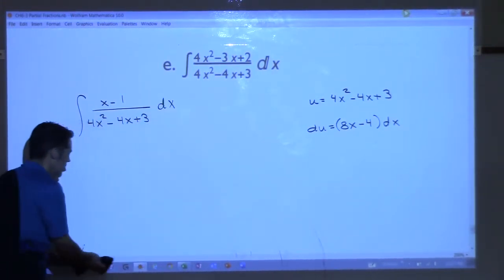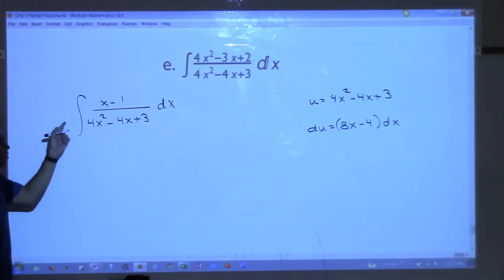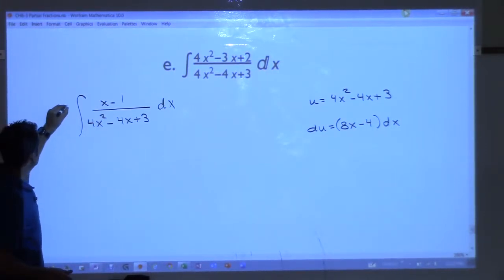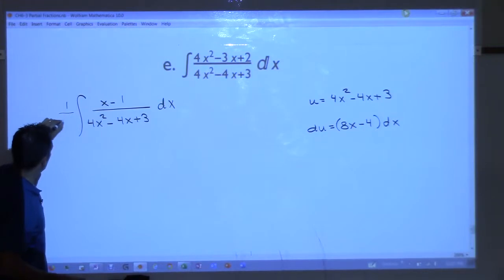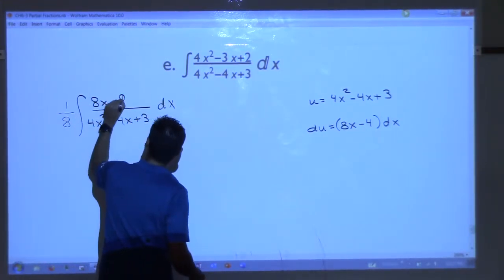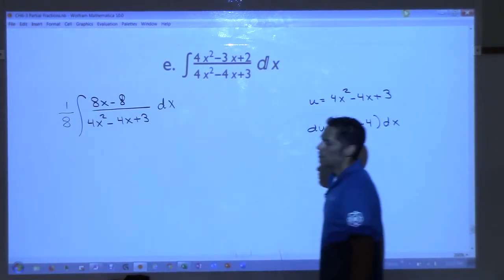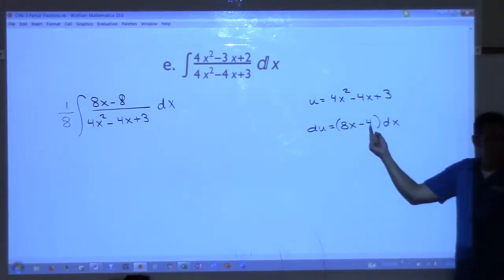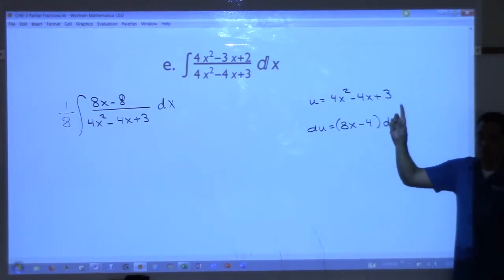So what I really need right now is for that numerator to be 8x minus 4. So I introduced an 8 on the top and bottom, right? The 8 I'm going to pass through, and I'll leave the 1/8 out here. So there's your 8, there's your 8, there's your 8. Now in this one, I need it to be minus 4 also, right? So I could come in here and do like minus 4 plus 4.